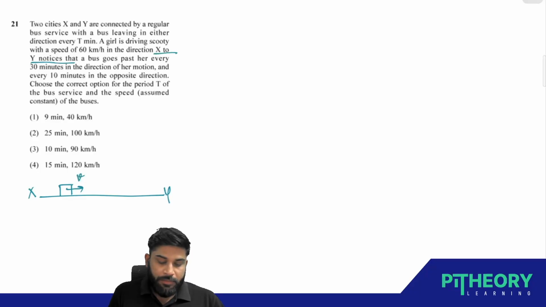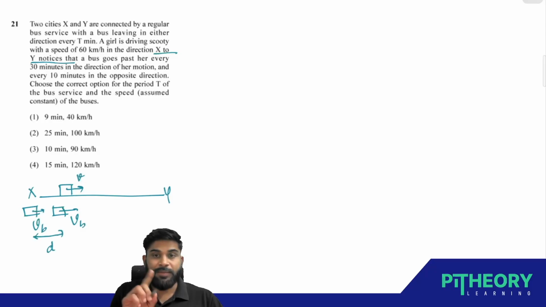Now here, the most important thing: from X to Y a bus is going, and from Y to X also the bus is going continuously. Let's say the velocity of the bus is VB, right? They have a constant speed. From X to Y, since they are going with a constant speed, there will always be the same separation between them.